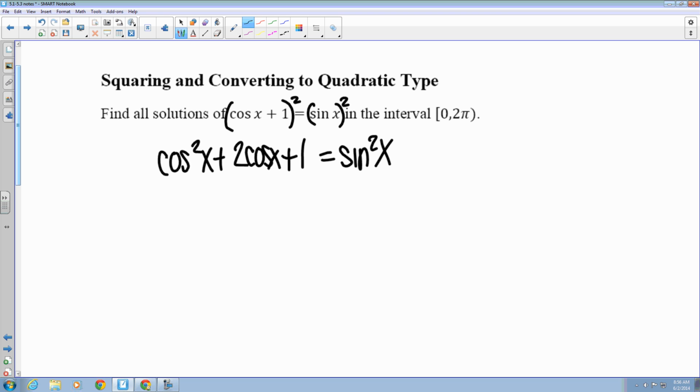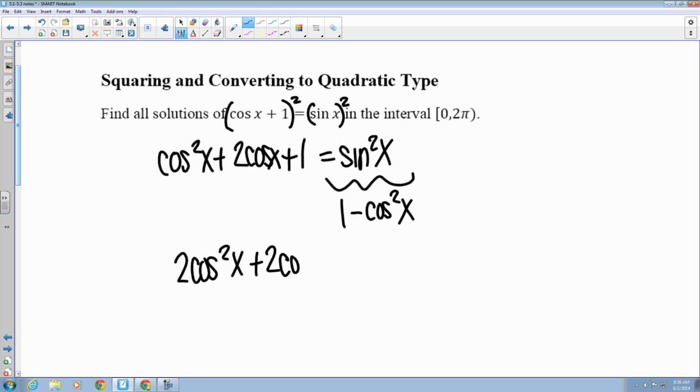Okay. And then I need to get everything in terms of the same variable, so I can convert sine into 1 minus cosine squared and move everything over to the left side. And factor out 2 cosine.